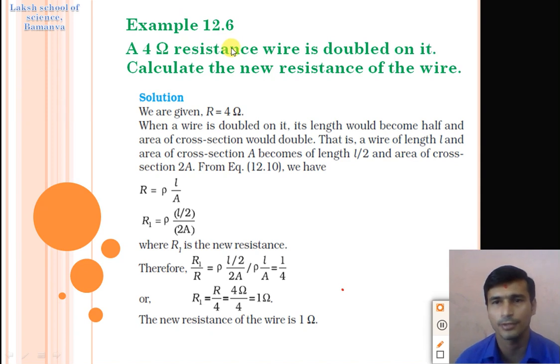Now if we double the wire, its length becomes half and the cross section area is double. So when the metallic wire is doubled on itself, the length becomes half and the cross section area is double.